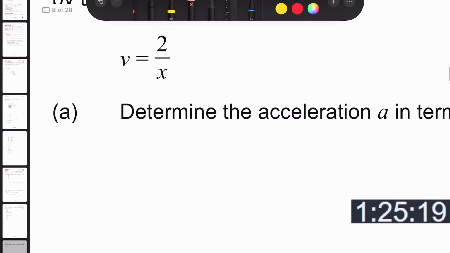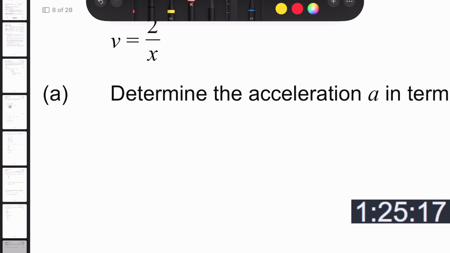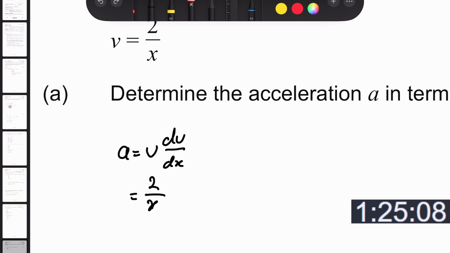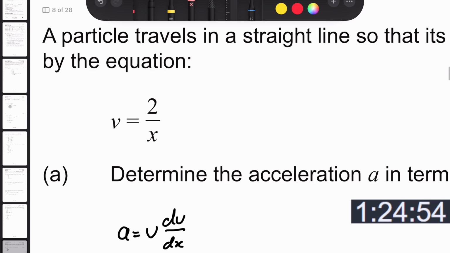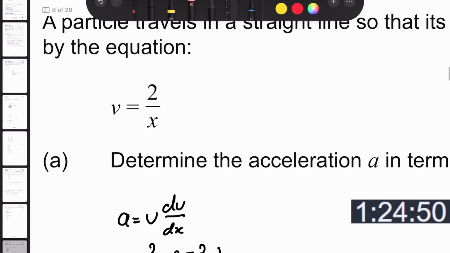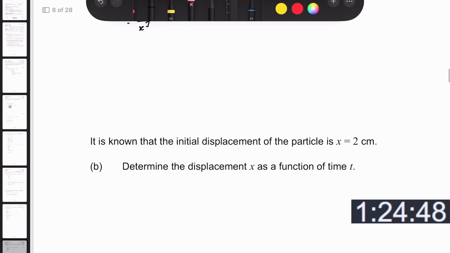So I can do acceleration is equal to v dv dx, which is equal to 2 on x times negative 2 on x squared. So this will equal negative 4 on x to the power of 3. If I differentiate 2 on x, I'm going to get negative 2 on x squared. Yep, and v is just 2 on x.